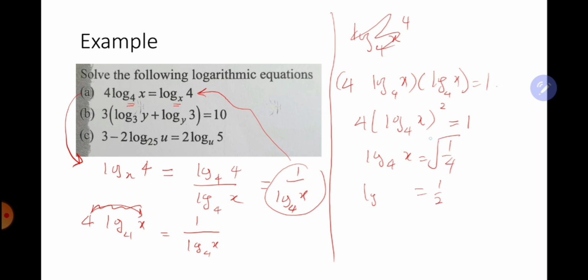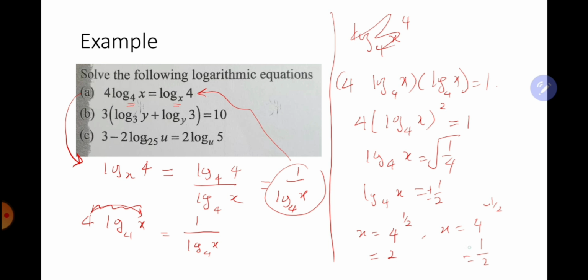Half ni is sebenarnya plus minus kan. Okay, alright, so you have log base 4x equals to plus minus half. So x will be 4 power half dengan x equals to 4 power negative half. So 4 power half is square root of 4, which is 2. Yang ni you akan dapat 1 over 2.